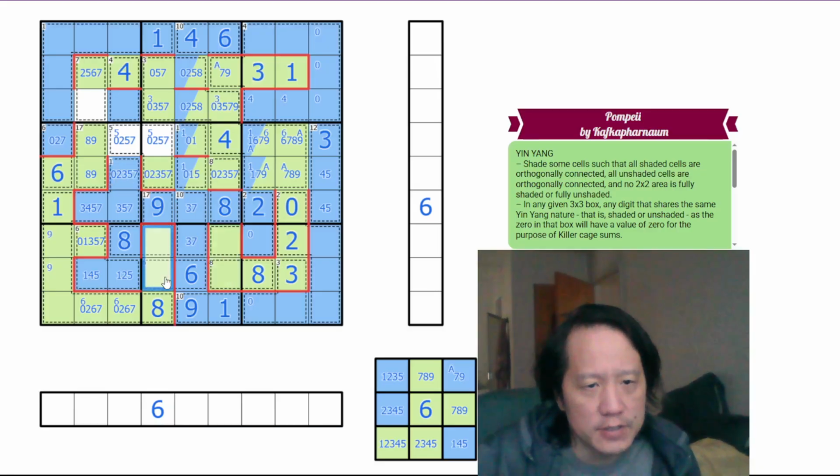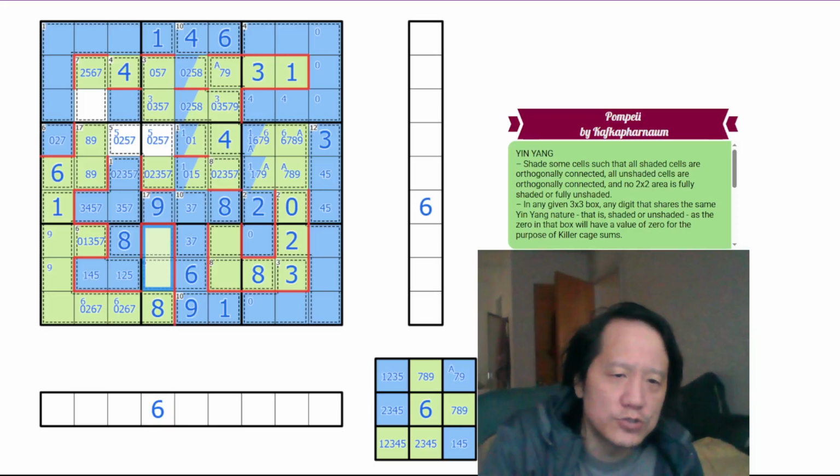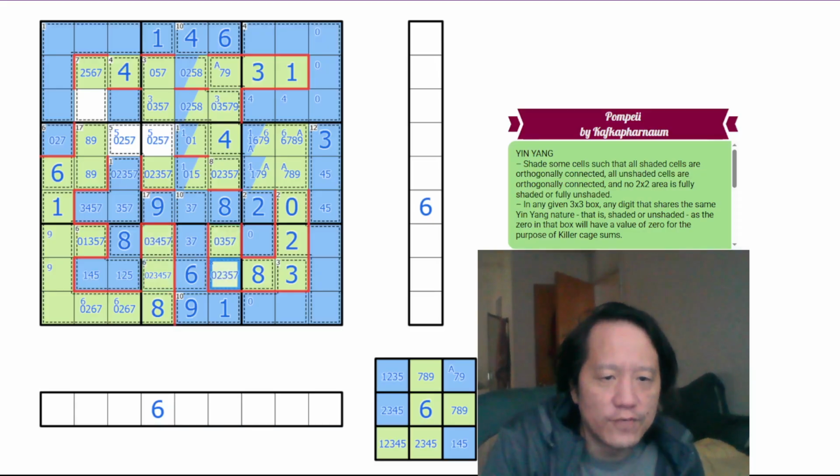Remaining digits in box 8. We have 0, 2, 3, 4, 5, 7. And this can't be 2. This can't be 4. This can't be 3.